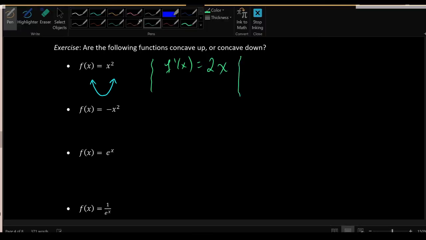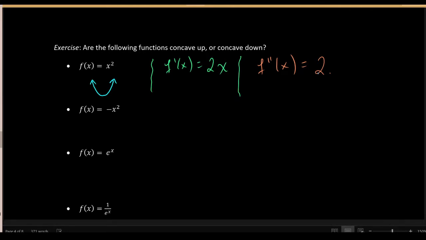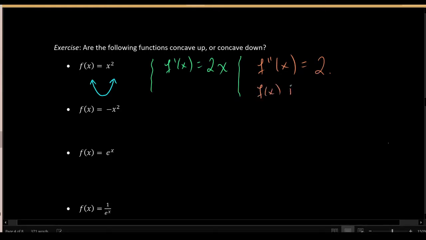If I then calculate the second derivative, f double prime, then I just get the constant 2. Now the number 2 is definitely a positive number, and so by the definition, this function would be concave up.